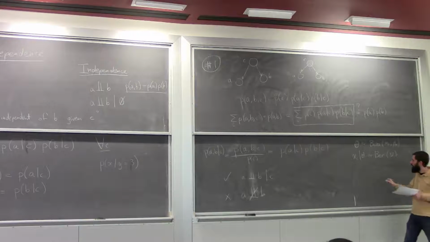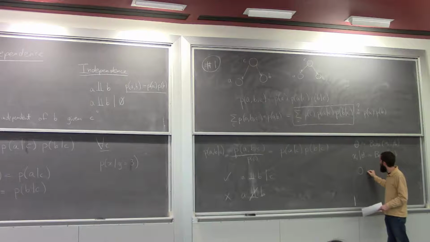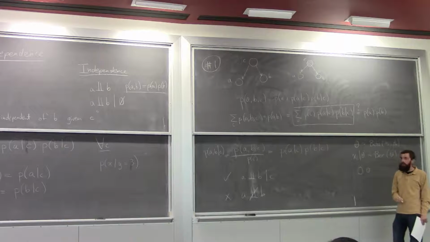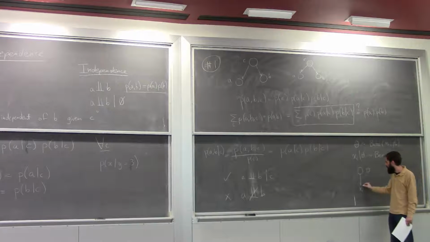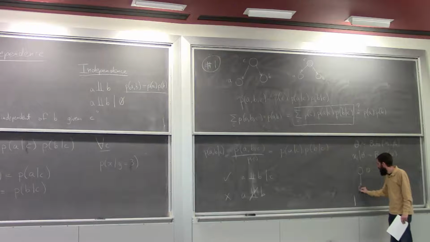Then what does the graphical model look like? I have a node for theta, and then x_i is conditioned on theta.